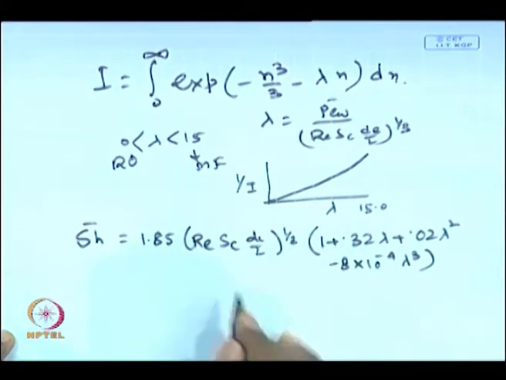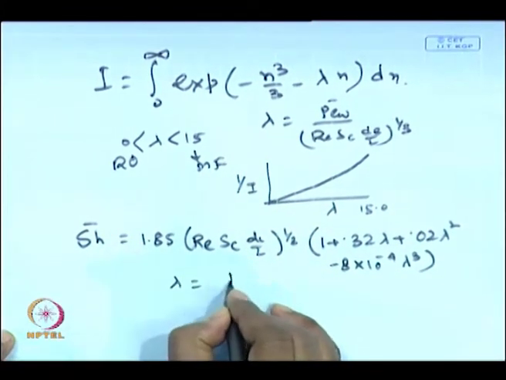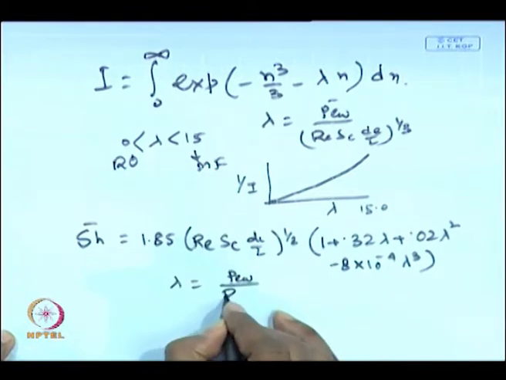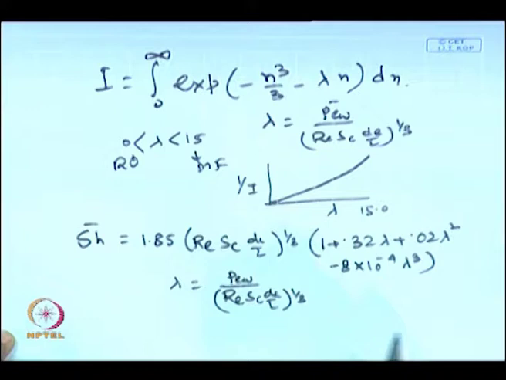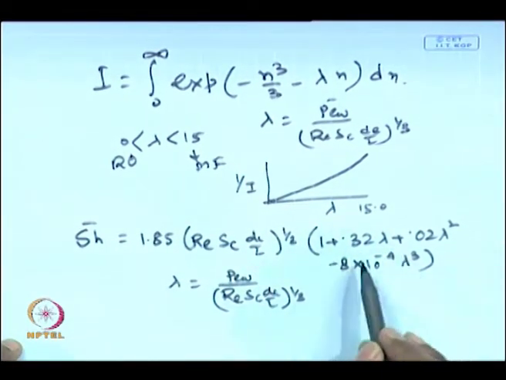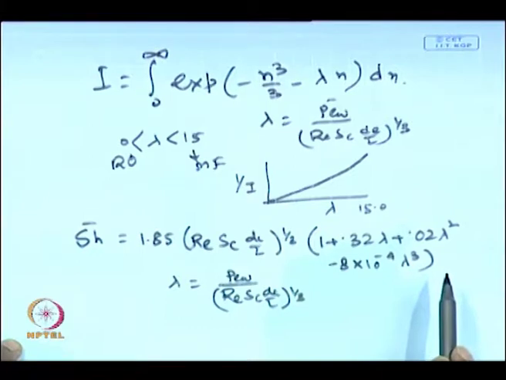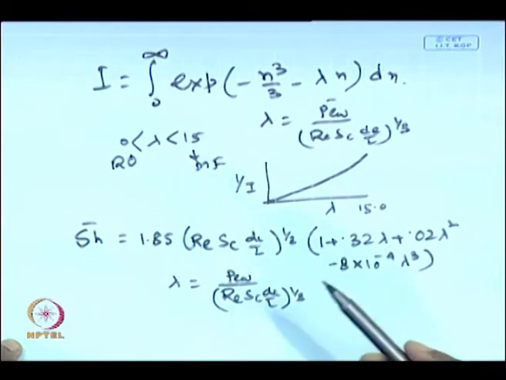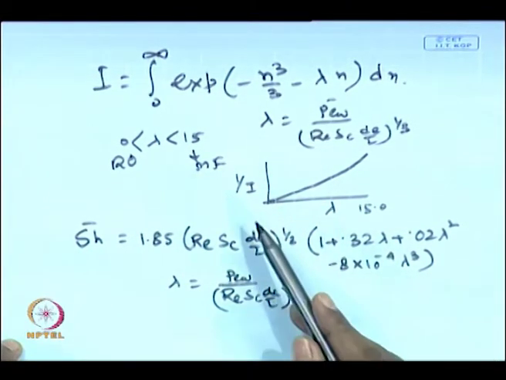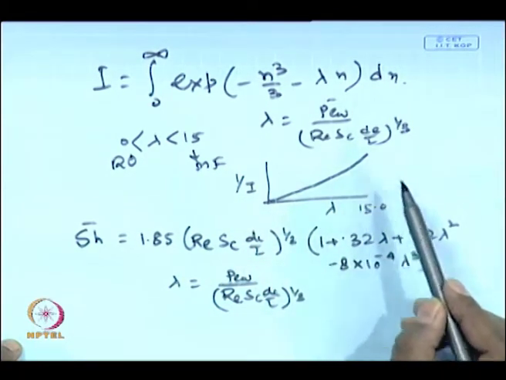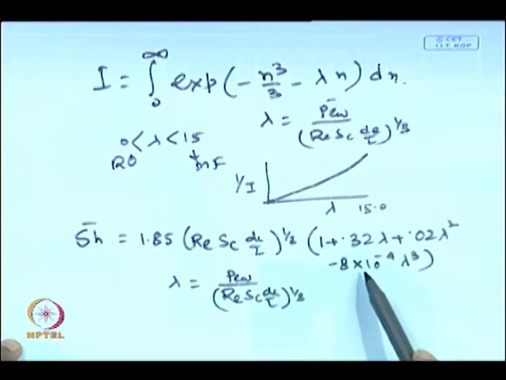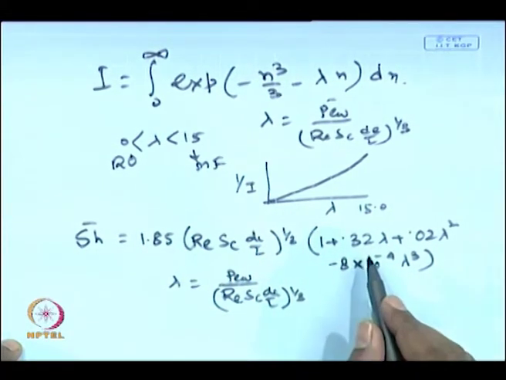This lambda is nothing but Pw divided by (Reynolds Schmidt d by L) raised to the power 1 upon 3. If lambda equals 0, we get back the non-porous result. This expression is generated from the fundamentals: we do numerical integration of the integral I for various values of lambda, fit a third order polynomial in terms of lambda, and substitute in the governing equation.